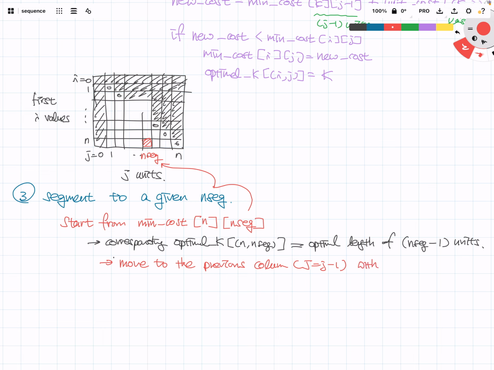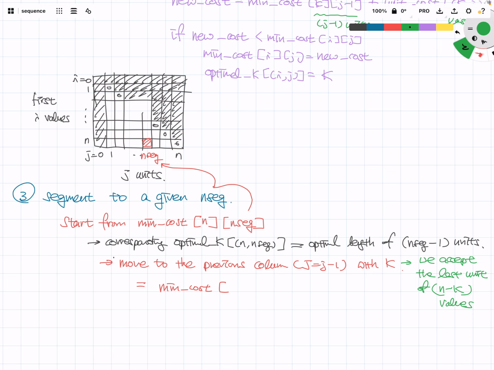With k. So it means that min cost, so we accept the last unit of, let me see, k was the n minus k values, last values, right?